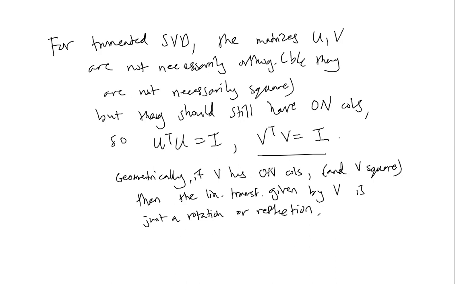That's because if V has orthonormal columns, then you have two nice properties. One is that the norm of Vx equals the norm of x. So this is for V square, I guess, because otherwise this doesn't make sense. And you have that Vx dot Vy equals x dot y, so the norms are the same and the angles are preserved. So essentially it's either a rotation or a reflection.